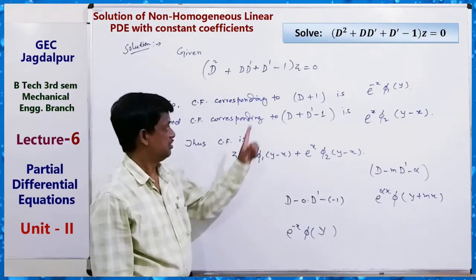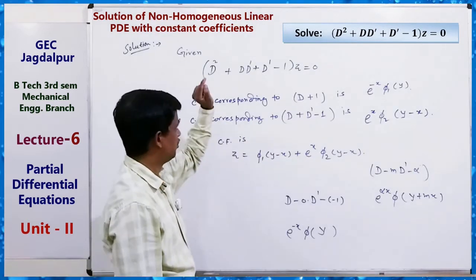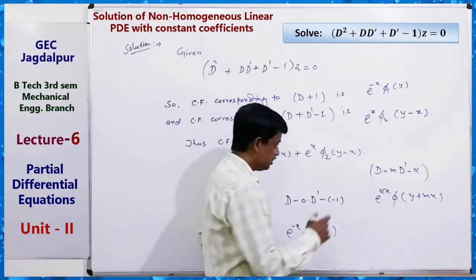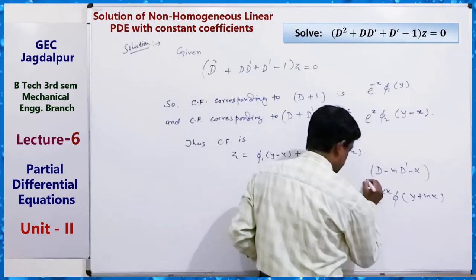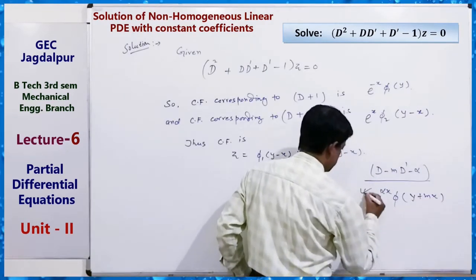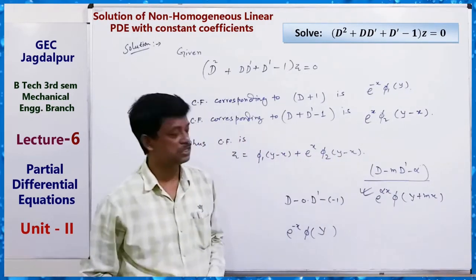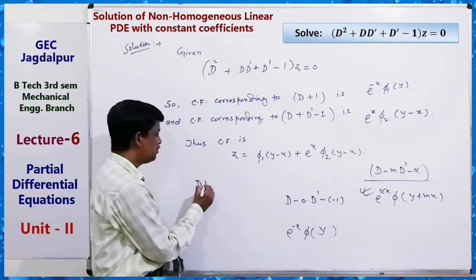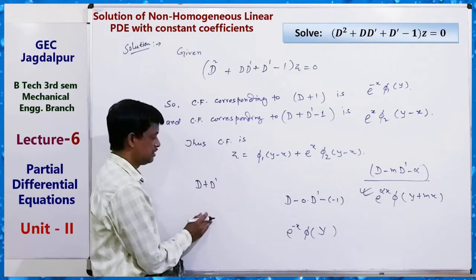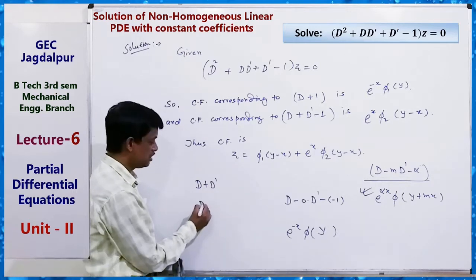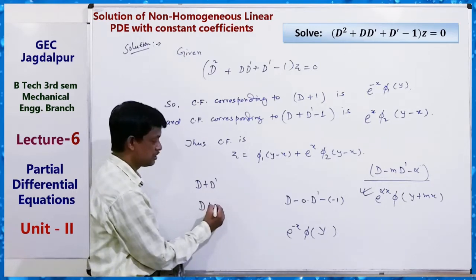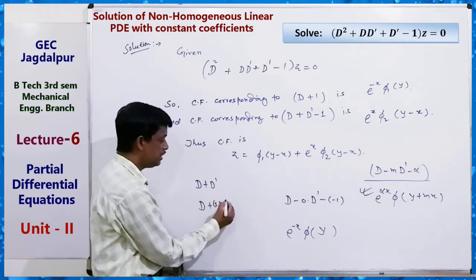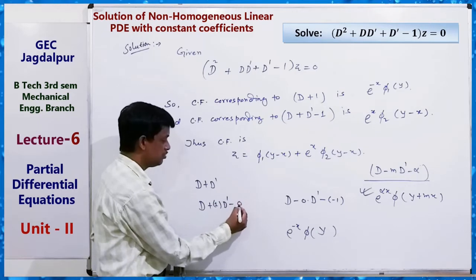Okay. So for a non-homogeneous linear partial differential equation, we have to use this. Corresponding to this factor, CF is this: e^(αx) φ(y + mx). Here, if we have, suppose, D + D' only, then we can suppose (D + 1)(D' − 0).